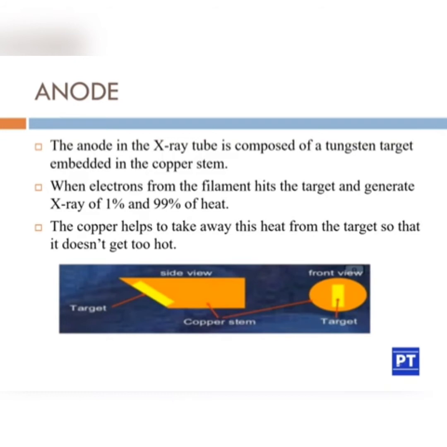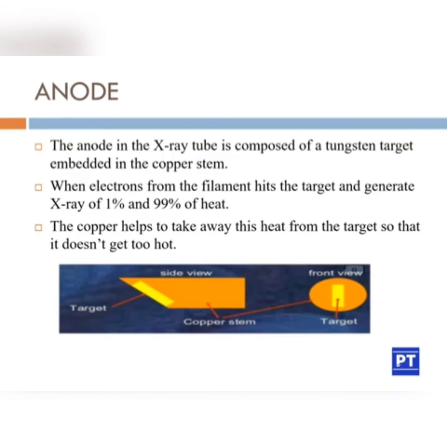When the electrons come and hit this target, out of 100%, only 1% is formed as X-rays and 99% is formed as heat.